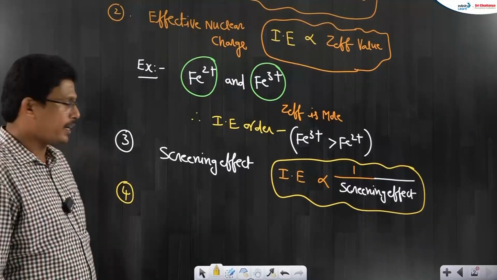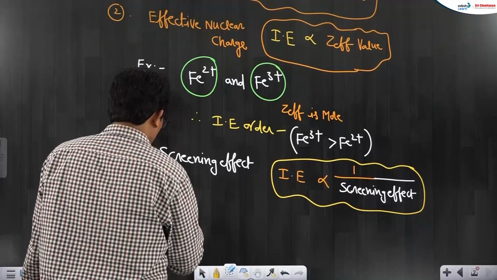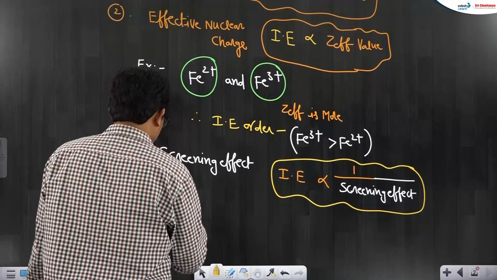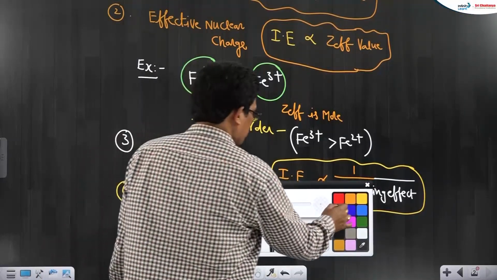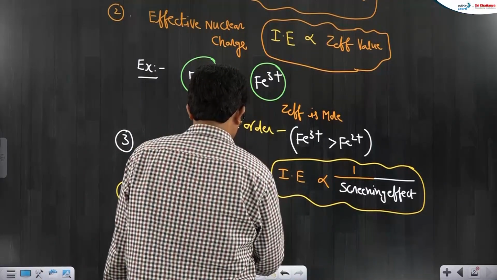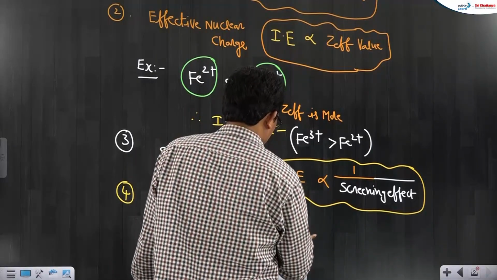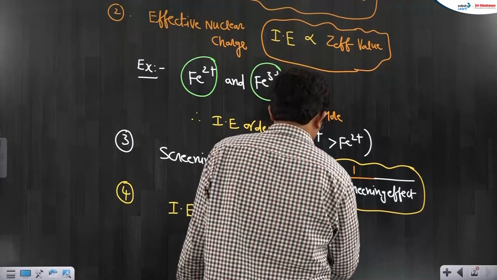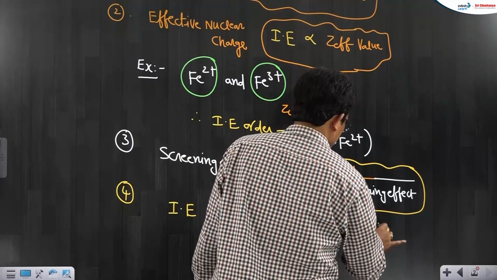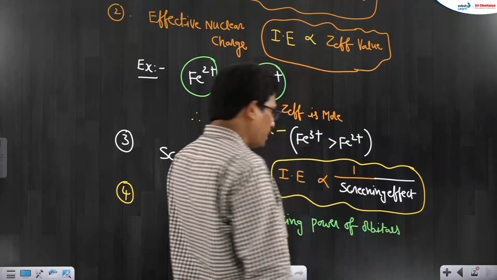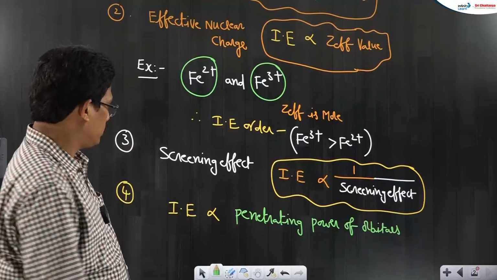Next important factor is penetrating power of orbitals. Ionization energy is directly proportional to penetrating power of orbitals. Penetrating power is nothing but attraction towards nucleus.